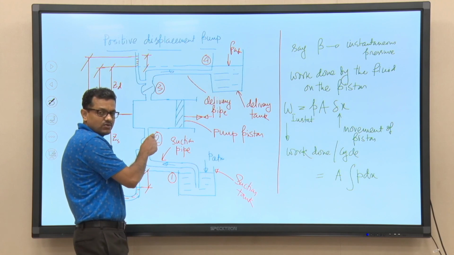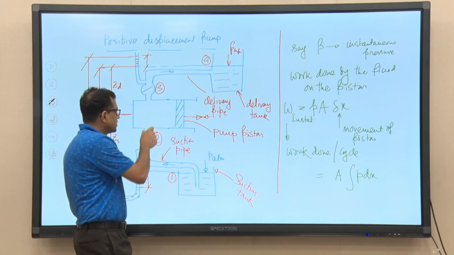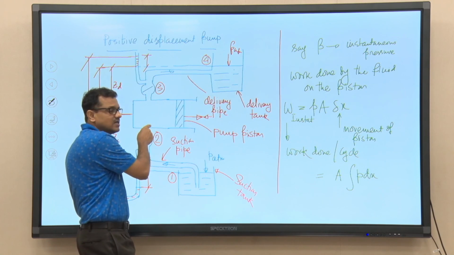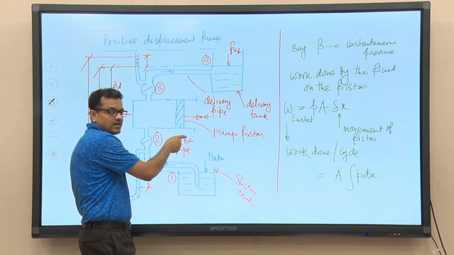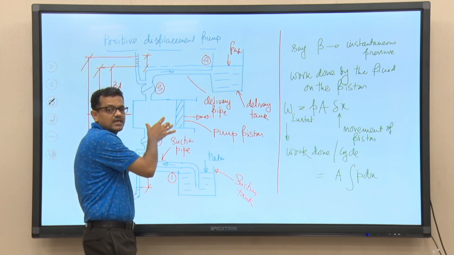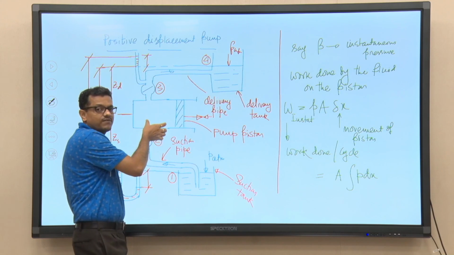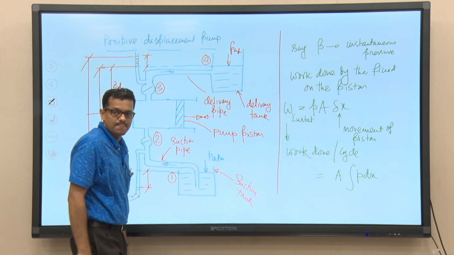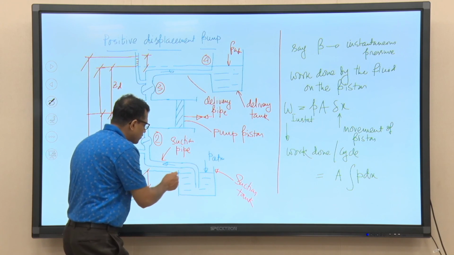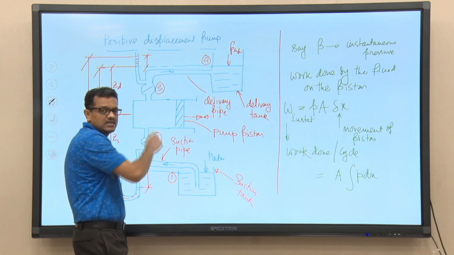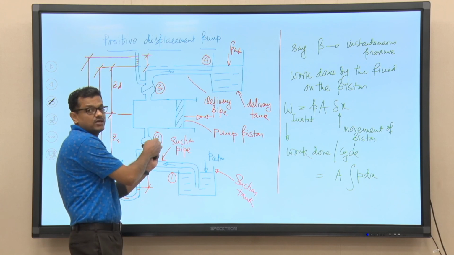If we go back to the previous class, we discussed that when the piston traverses its journey from the inner end of the cylinder to the outer end, in the first half of this suction stroke, the pressure inside the cylinder falls below the atmospheric pressure, and that is why the liquid is getting transported into the cylinder. The question is, we really do not know what is the pressure at point 2, right.